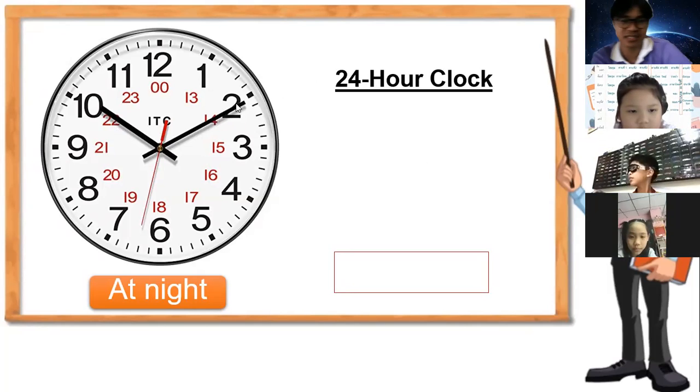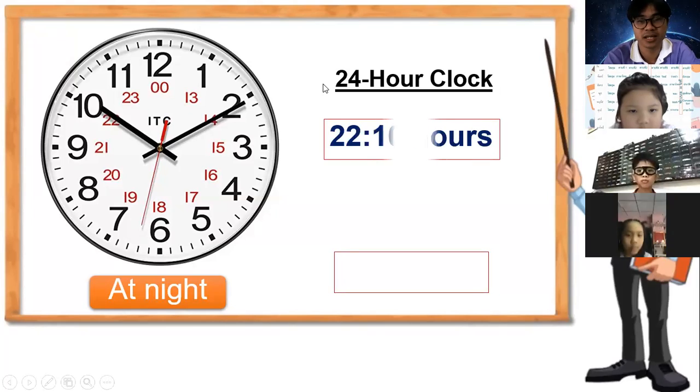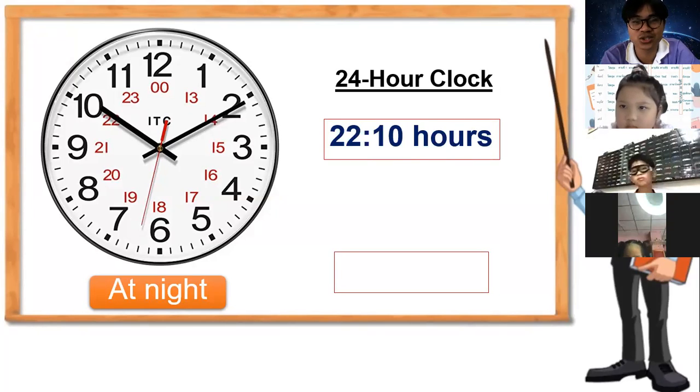But this is the minute hand, so you will write it in minutes also. So the time shown here is 22:10 hours. 22 and then 10 minutes.